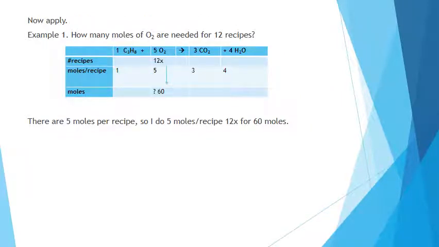So let's apply it. The first problem says, how many moles of oxygen can I get from 12 recipes? The recipe says 5 moles per recipe, and I do that 12 times, so I end up with 60 moles. Okay, simple. You're putting out 5 moles every recipe, and you do that 12 times.